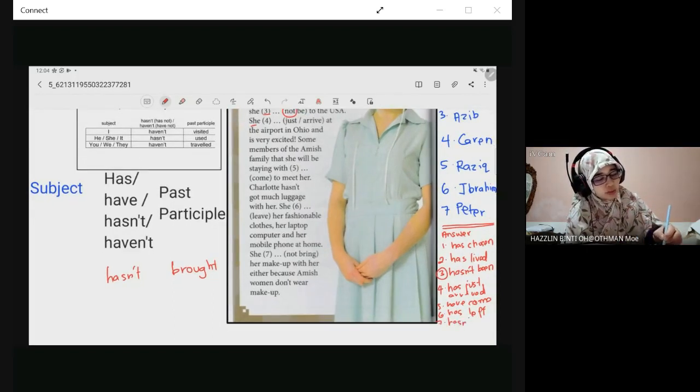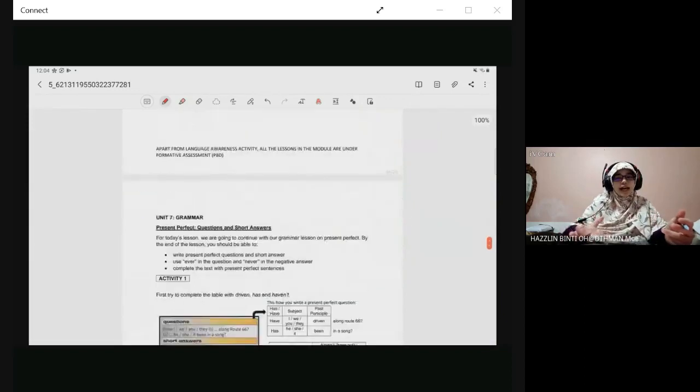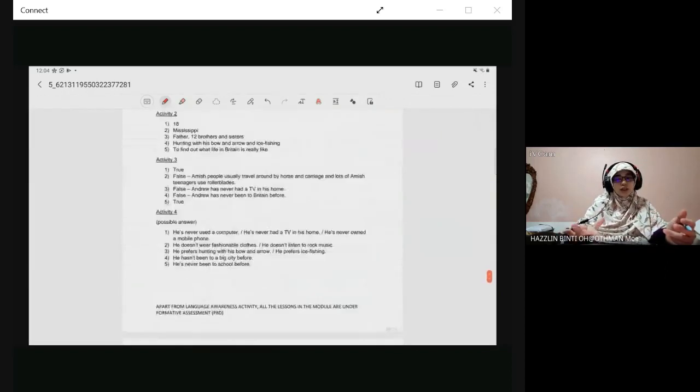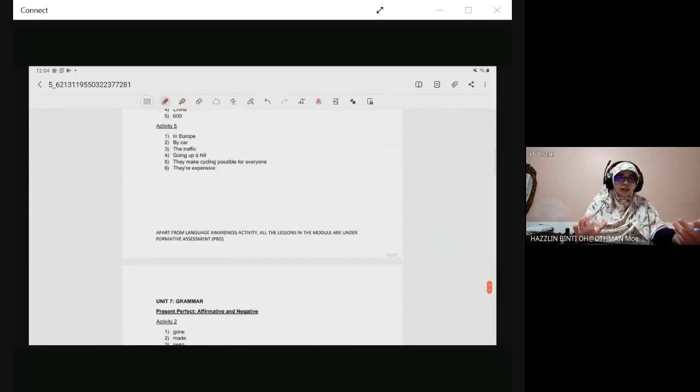Okay, so these are the correct answers. You can check your answers after you've completed your exercise. You can check your answers at the back. So here are the answers. Why do you need to check your answer? To check if you are wrong.